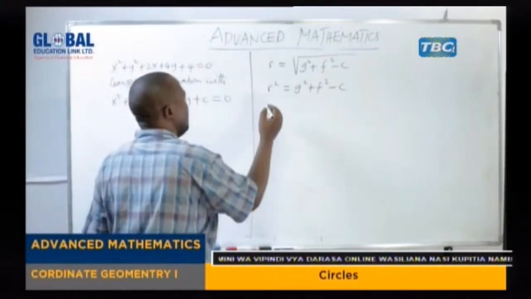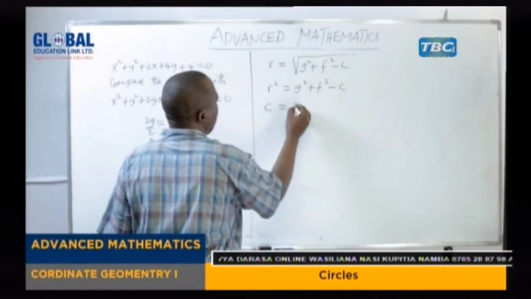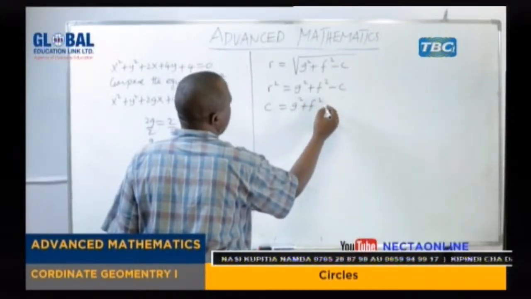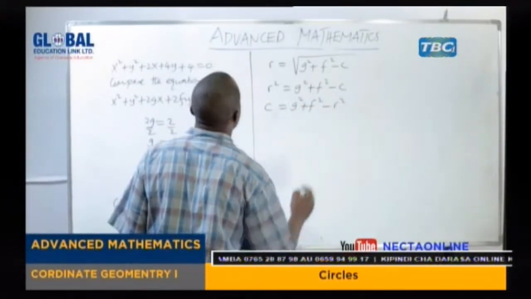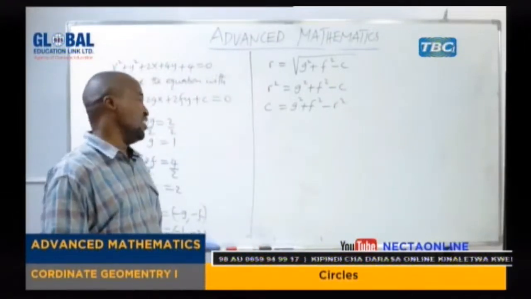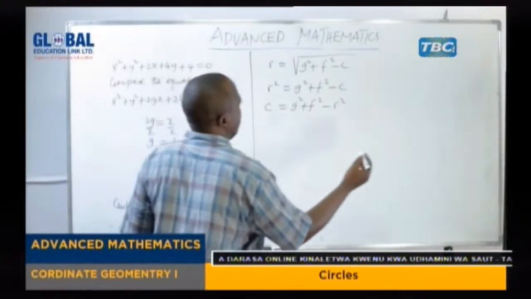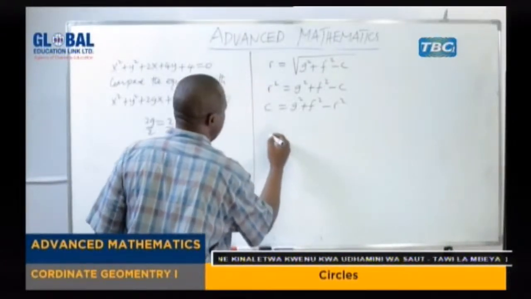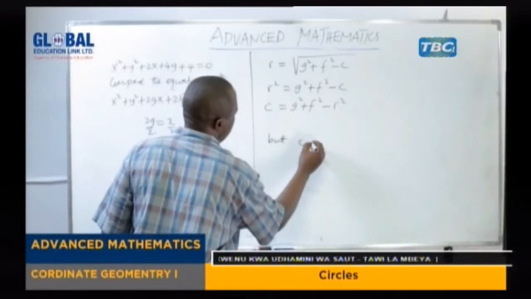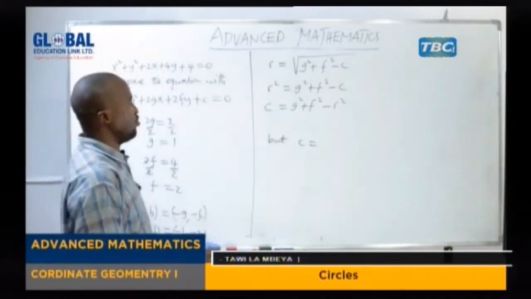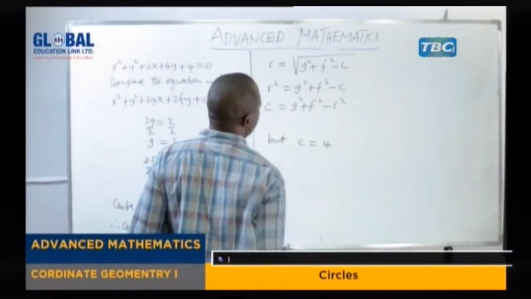That means c is equal to g squared plus f squared minus r squared. But c here is the same as 4. So c is equal to 4.